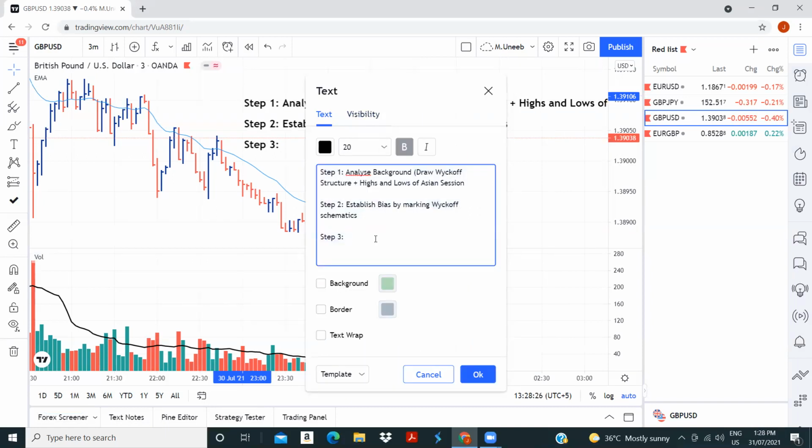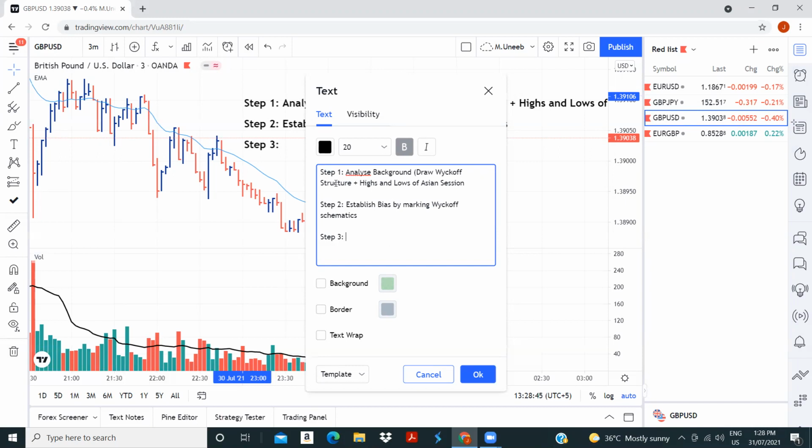Maybe move to the lower time frame to look for Wyckoff entries. Once we have established the bias, what would be the third step? I told you before. I think we should wait for the test to occur and then enter.